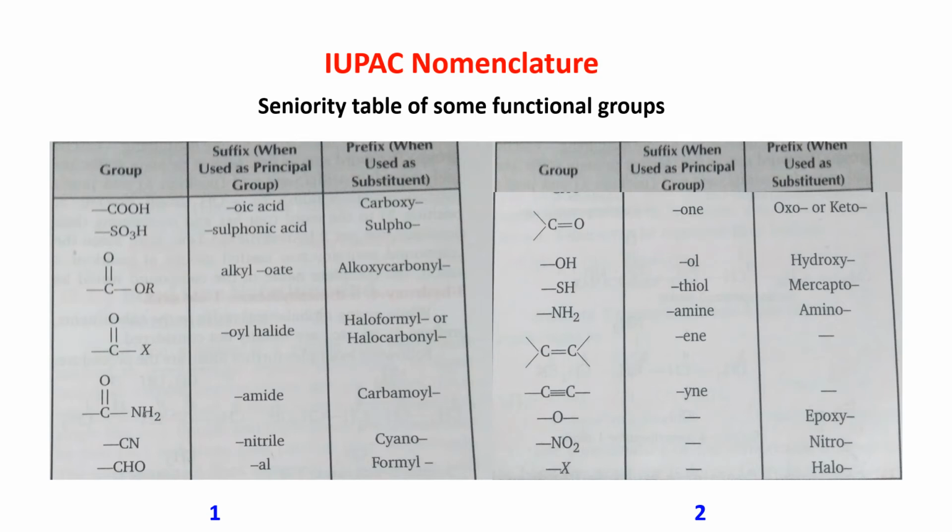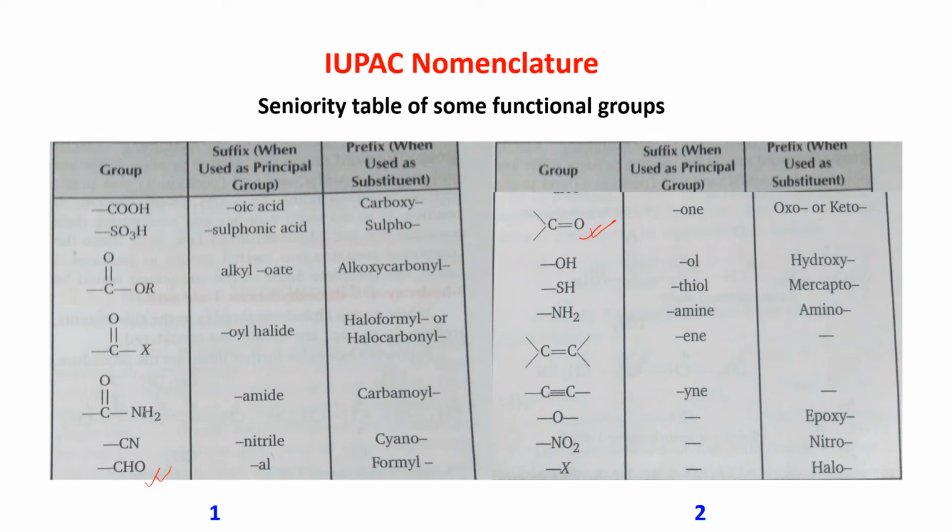Now here a table is given for the functional groups according to the seniority. In this table you can see that COOH is coming first. So this is the senior most functional group, and after that SO3H and then C double bond OR, all these things are coming. So you have to learn this table. After this one, this C double bond O is coming, that is the keto group.